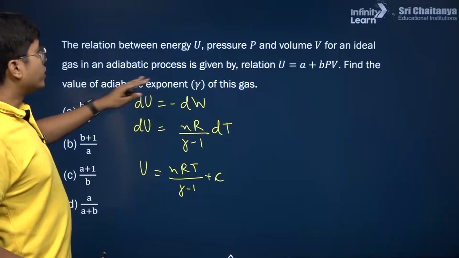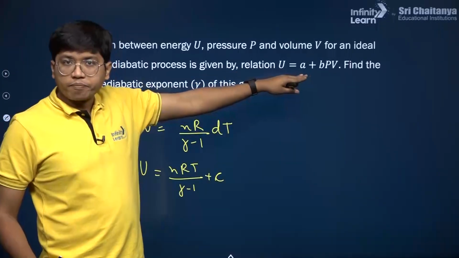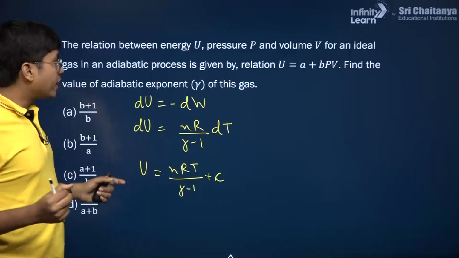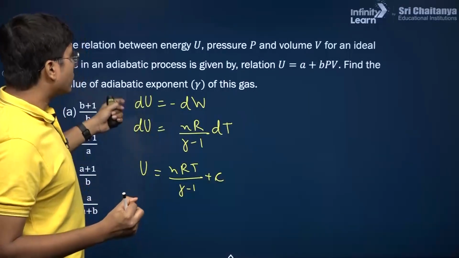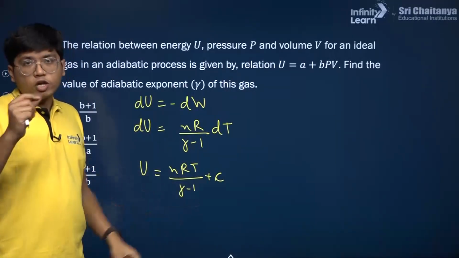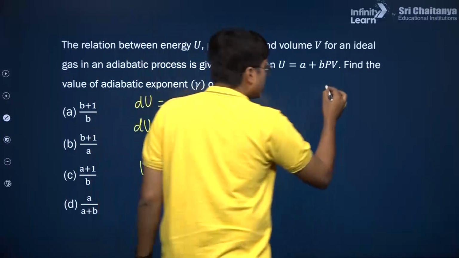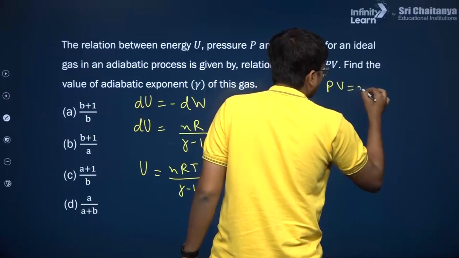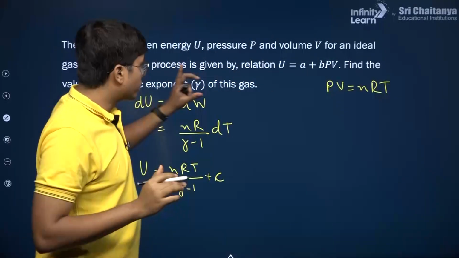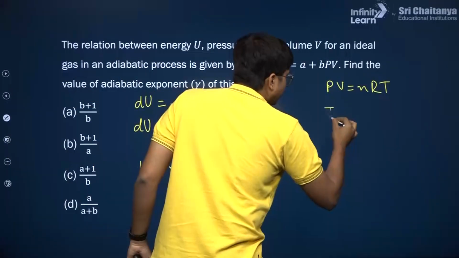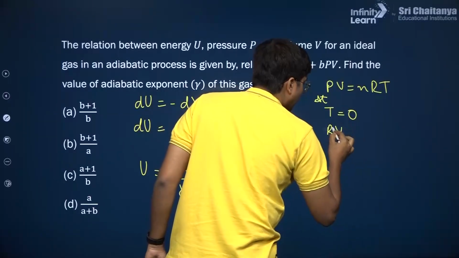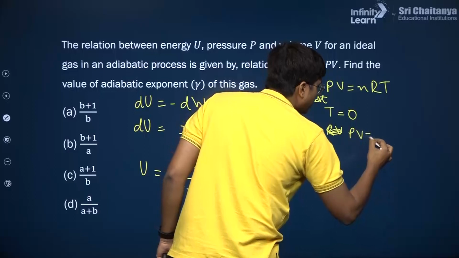If you look at this setup, it's essentially an ideal gas, which means if you put T equal to 0, we know PV is equal to 0 because PV is equal to nRT. So when T is equal to 0, PV is 0.